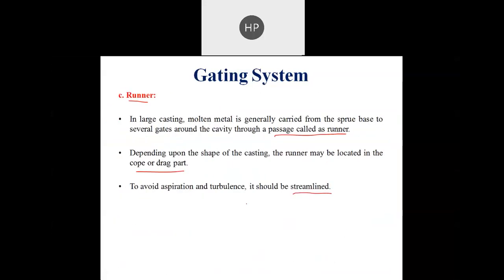That will reduce the turbulence as well as aspiration, and the flow will become streamlined. So that is the use of a runner.